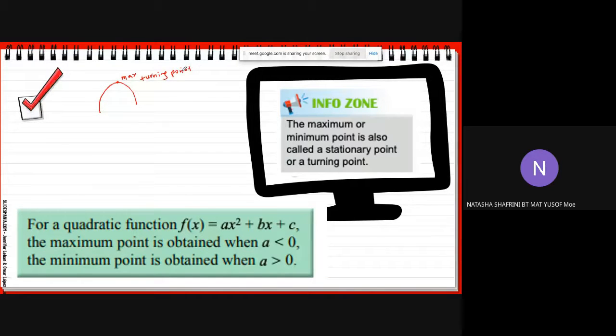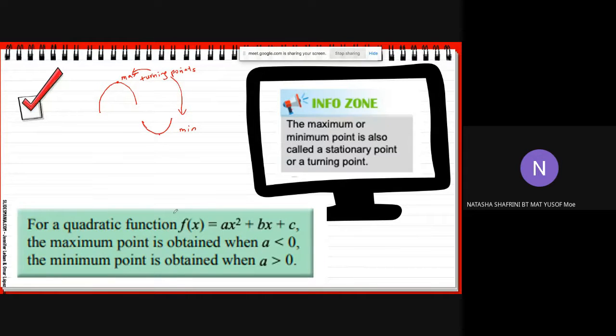Okay, this is turning point. Okay, kalau bentuk macam ni pun sama, this is minimum point bawah ni, dan dia turun bawah, dia turn naik atas. So, kita ada minimum, ini pun kita panggil turning point. So, conclusion is the turning points ada dua jenis, maximum or minimum point.